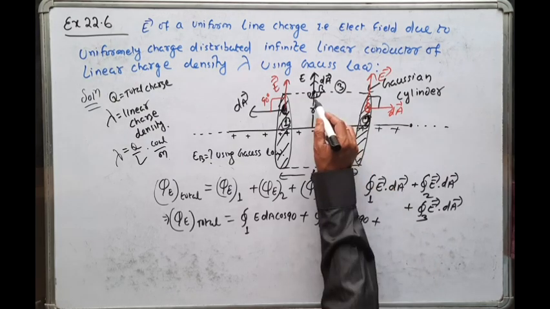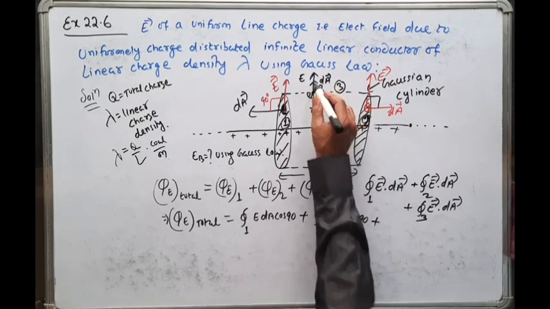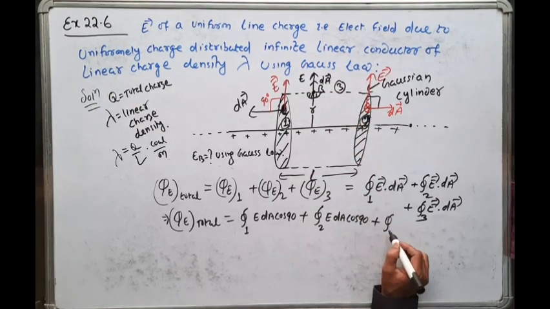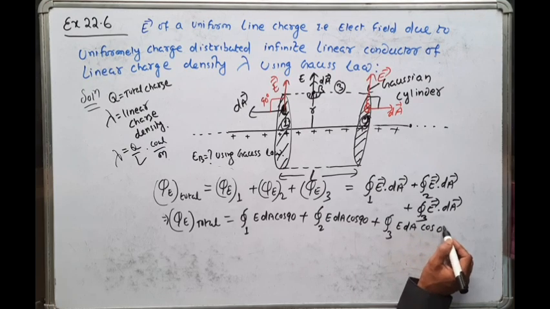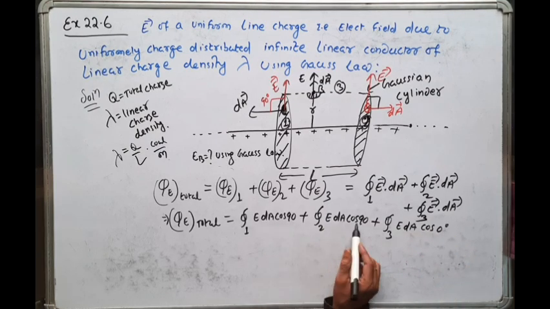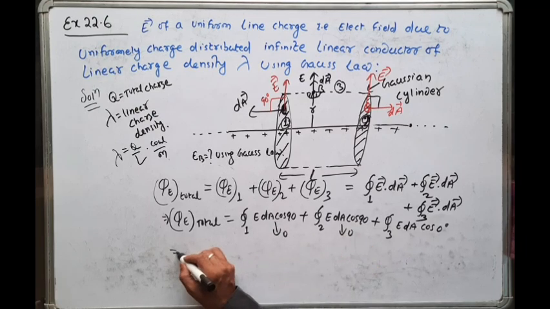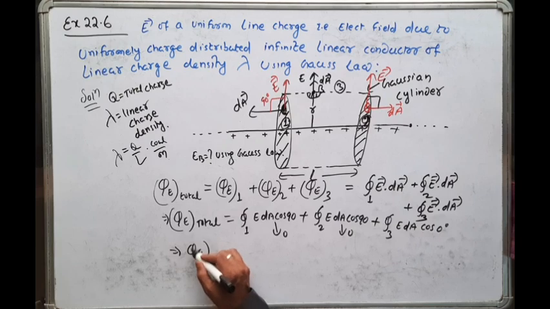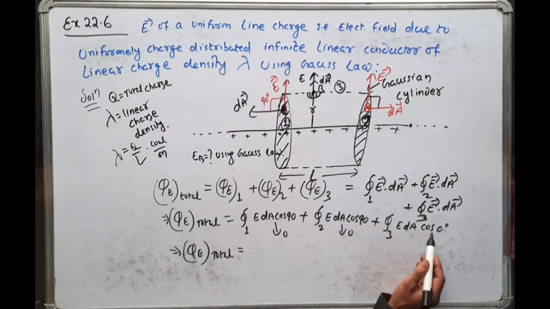For the third surface, the angle between E and the area vector is 0 degrees, so it is E dA cos 0. Now cos 90 is 0, so these two terms will be 0. So the total flux is equal to what? E dA cos 0.